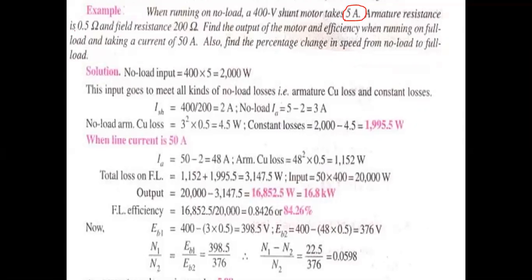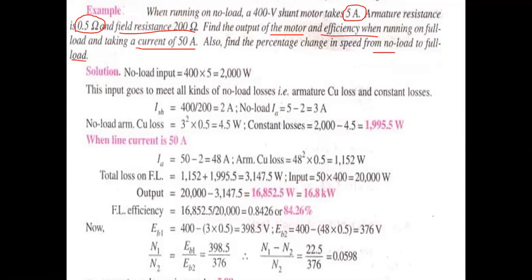Armature resistance is 0.5 ohms, which is RA, and field resistance is 200 ohms, RSH. Find the output of the motor as well as the efficiency when running on full load and taking a current of 50 amperes. And also find the percentage change in speed from no load to full load.